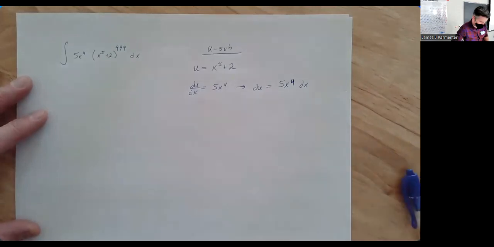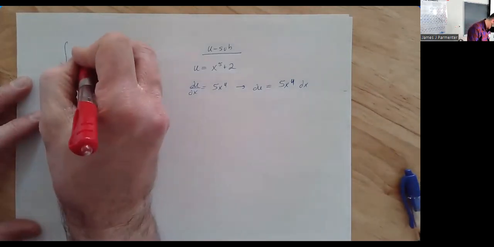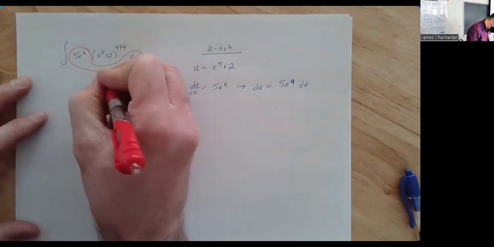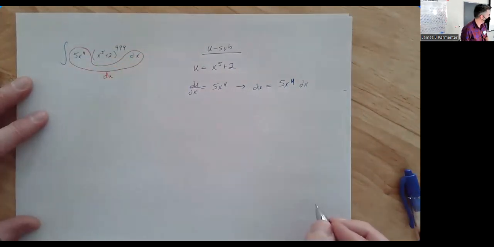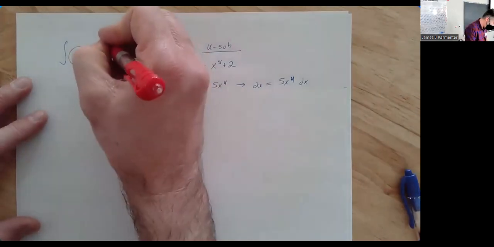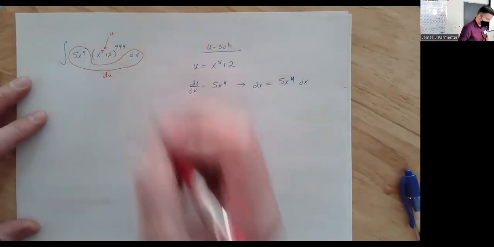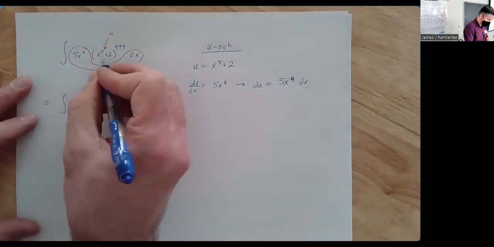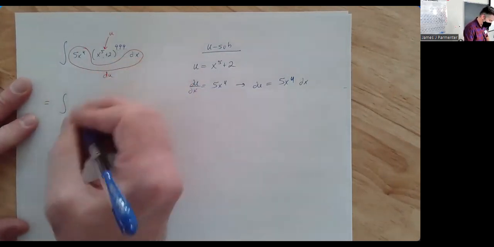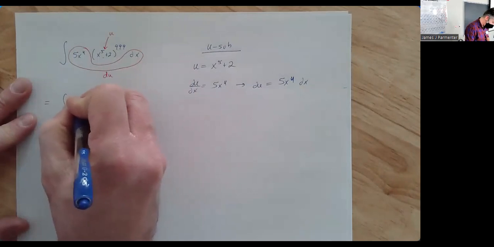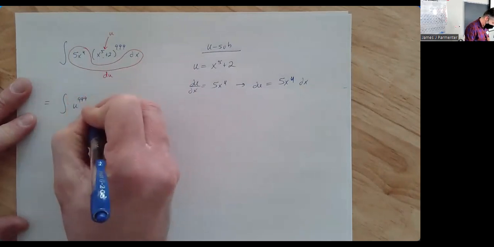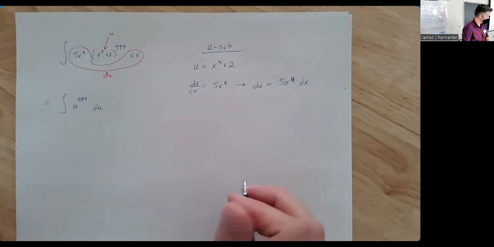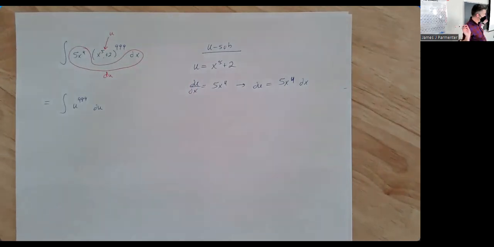That's great, we totally have that right here, there's my du. And when I rewrite this in terms of u, it's going to be equal to the integral of u to the 999th power du. Everything turned into u's.